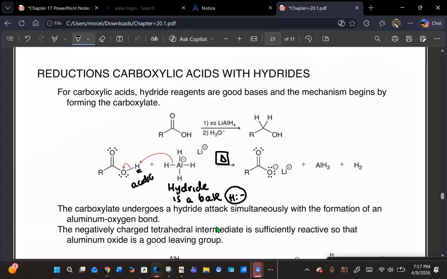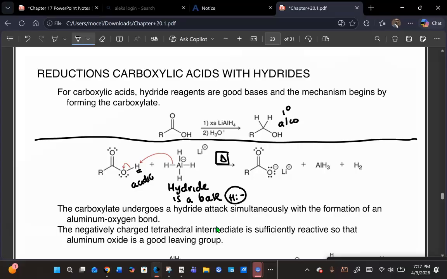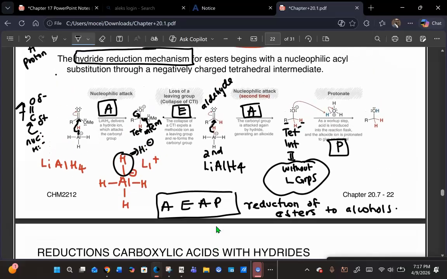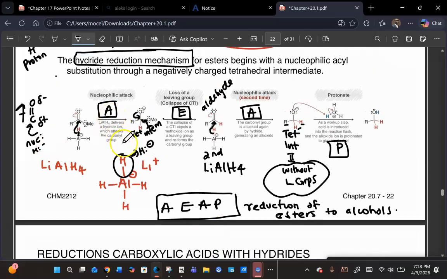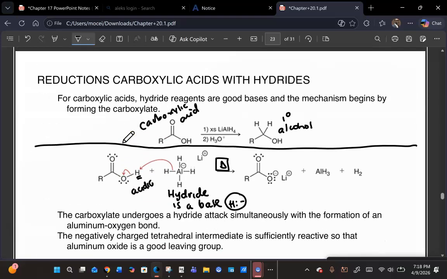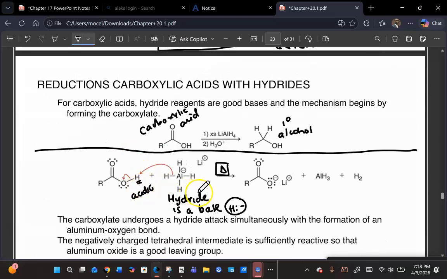Yes, you are going to reduce it to the alcohol at the end. We'll always get a primary alcohol at the end. But you don't start with an attack, because you see what we did with ester, we started with an attack, addition. But carboxylic acid is acidic, hydride is basic. Priority will be to steal that hydrogen to give you the carboxylate.